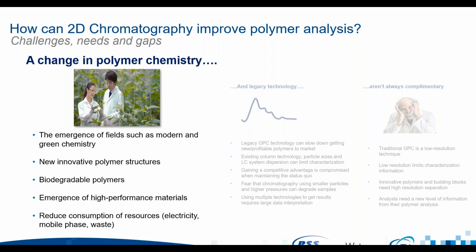So high performance polymer research, things like green or sustainable chemistry, which is coming more to the forefront, the idea of new and innovative polymer structures becoming more prevalent, people looking at things like biodegradable polymers where you really need to interrogate your samples, and generally the emergence of what we class as high performance materials, where you really need to control those bulk properties, as well as the practical side, so the reduced consumption of resources, things like solvents, analysis time reduction, and general waste.